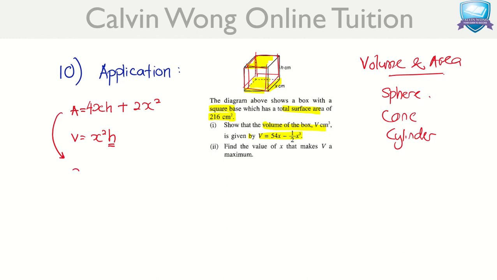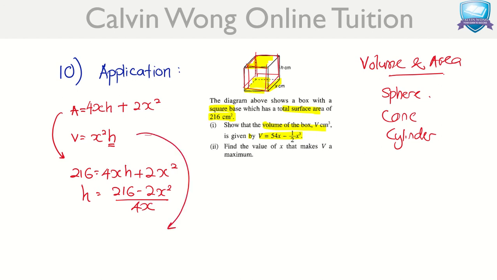Area is given 216, 4xh plus 2x squared. So h equals 216 minus 2x squared over 4x. Of course you can simplify. Then we can substitute into the v, x squared times 216 minus 2x squared over 4x.